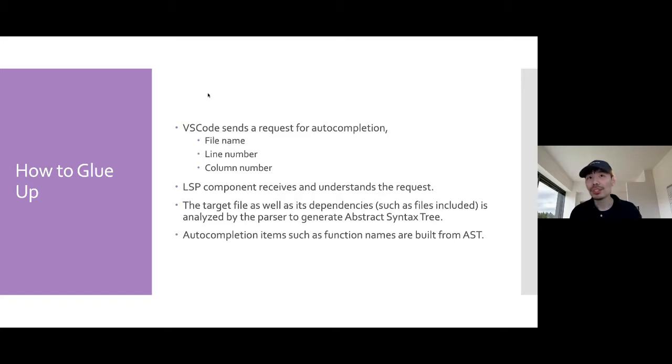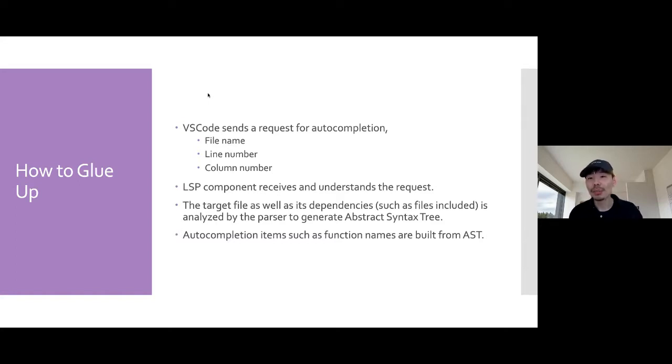The language server protocol component receives and understands this request, and then it passes it on to the glue code. The glue code will talk to the parser: please parse this target file for me and let me know what the building blocks inside that file are, for example, what the functions and their names are.